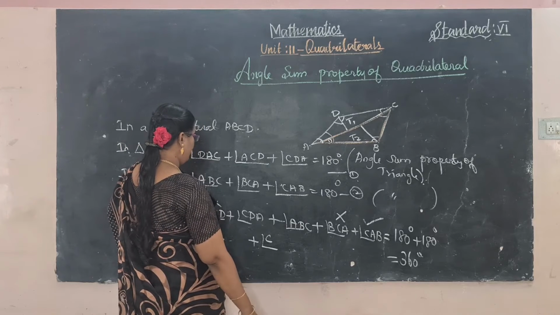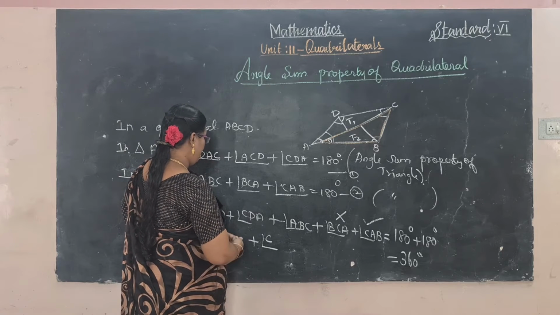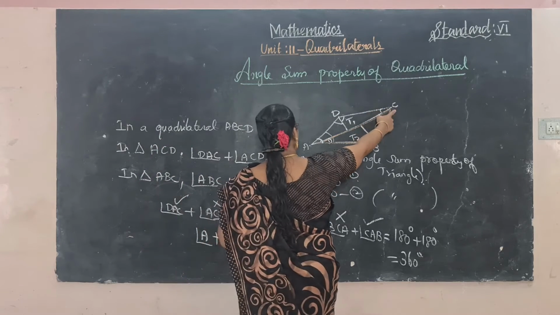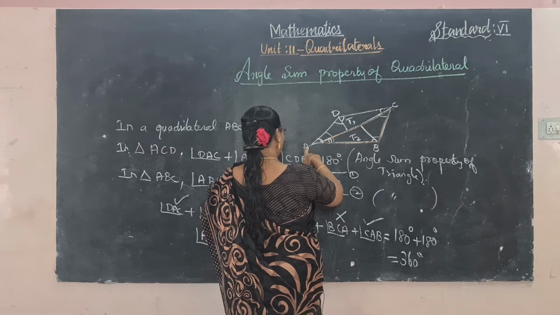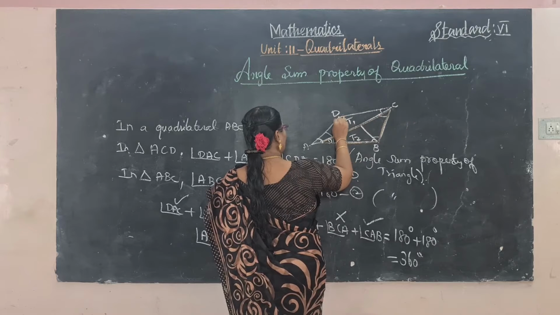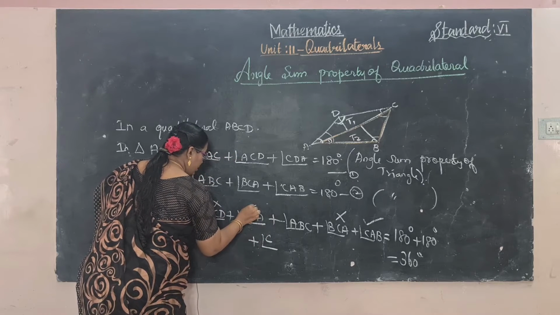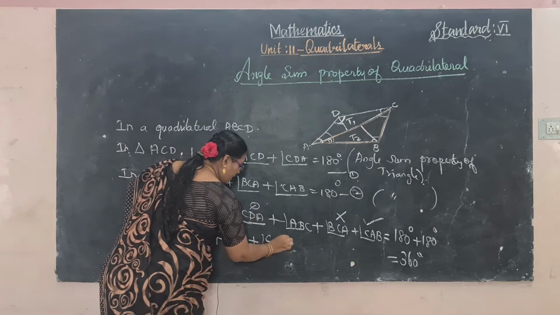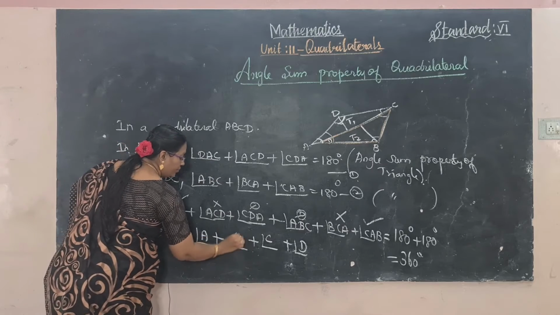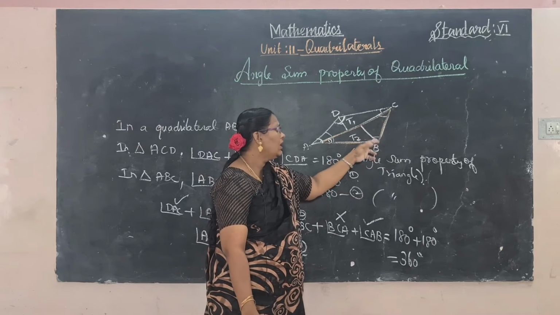Next, CDA and ABC. So here the common angle is D. To differentiate this, this one is angle D and this one is angle B. These two angles are not divided into two angles; they do not have any two adjacent angles.